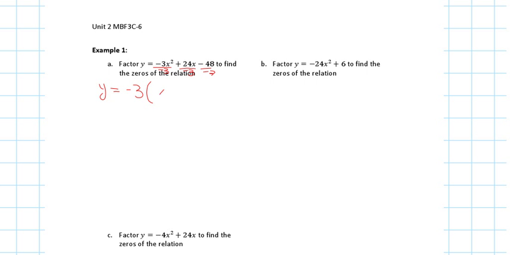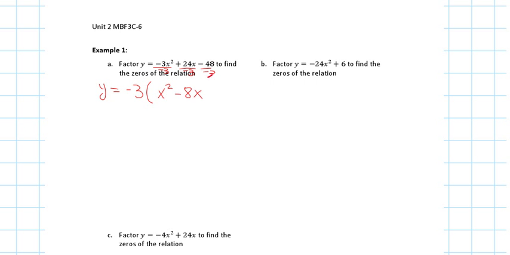Don't forget your signs. Don't forget your letters. The minute you forget your letters, you're going to mess up, because then you're going to have like terms that they shouldn't be like terms. And then what's negative 48 divided by negative 3? Positive 16. Good.